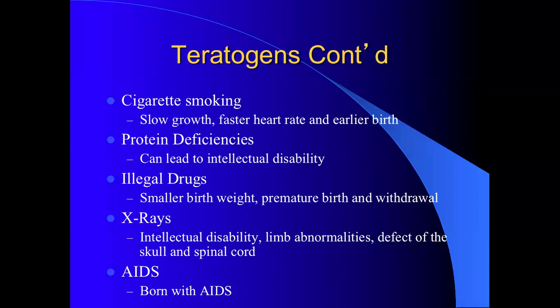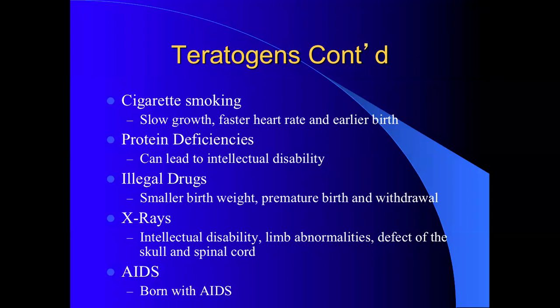You have greater risk of asthma and so forth. So cigarette smoking is an issue. We also have issues related to protein, right? Protein deficiencies can lead to an intellectual disability as well.